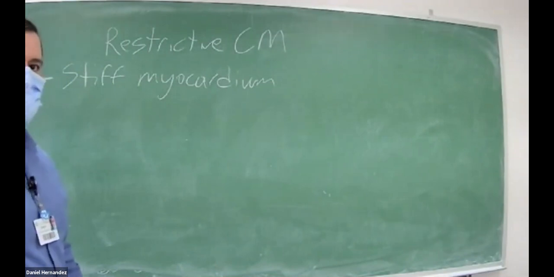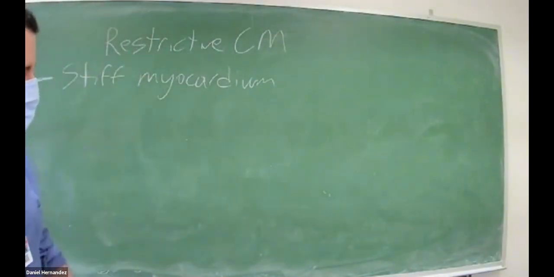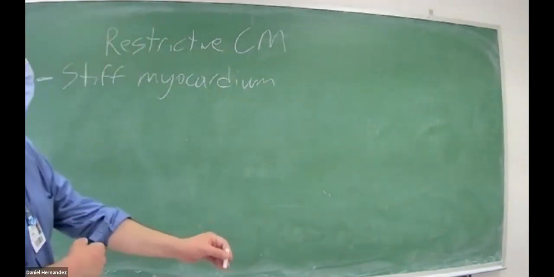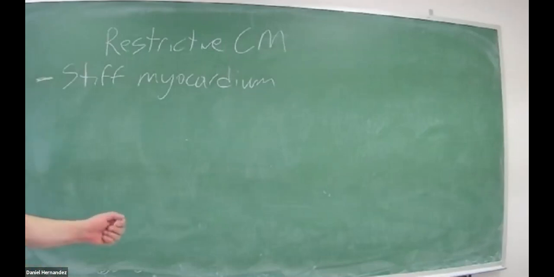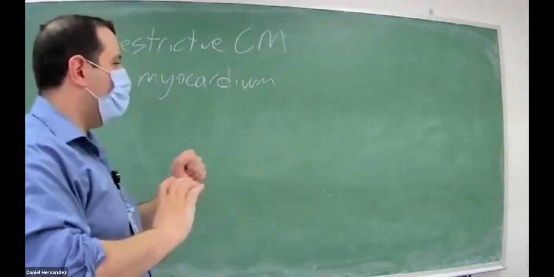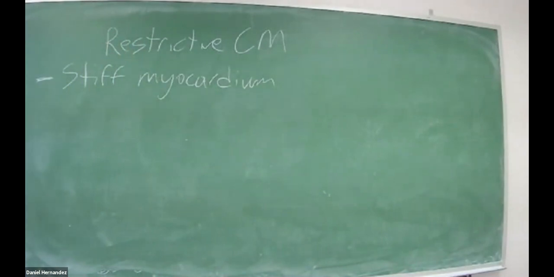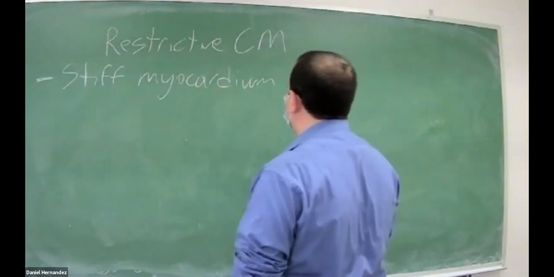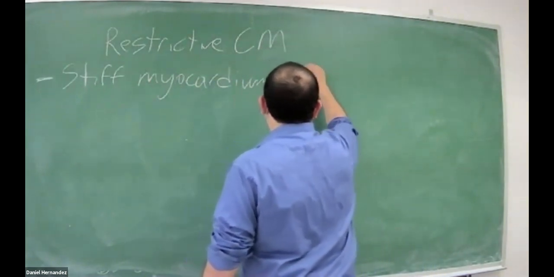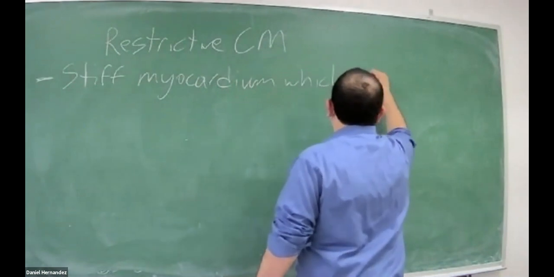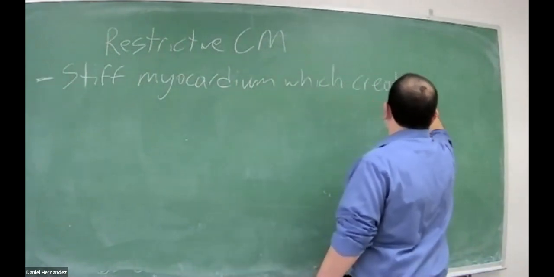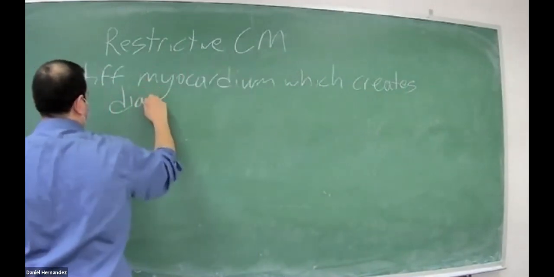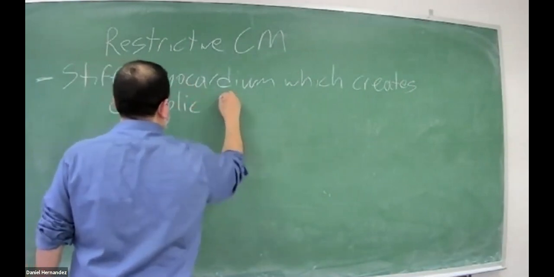It's a disease process which affects the myocardium that is not related to an issue with the valves or to coronary artery disease. These are conditions unto themselves that affect the myocardium. So we have stiff myocardium, which creates diastolic dysfunction.